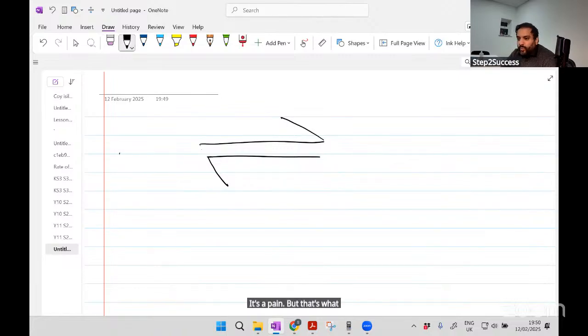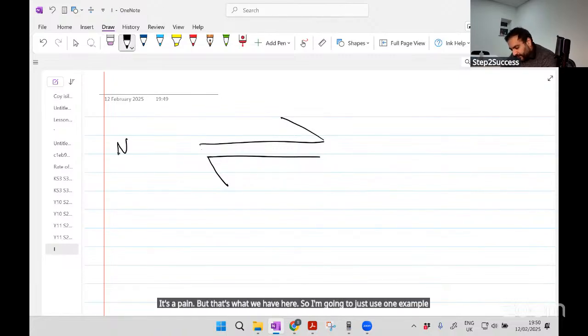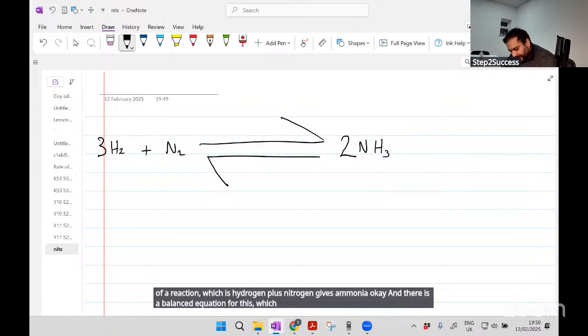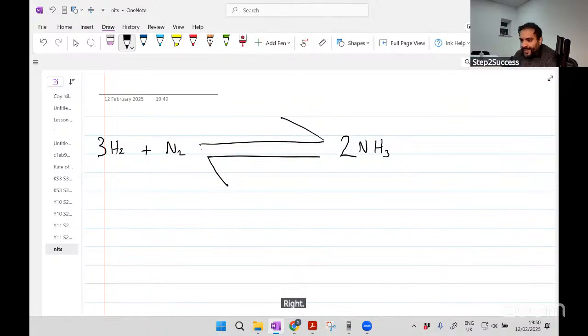So I'm going to use one example of a reaction, which is hydrogen plus nitrogen gives ammonia. And there is a balanced equation for this, which is something like this. When this reaction happens, let me try to do a very quick explanation.